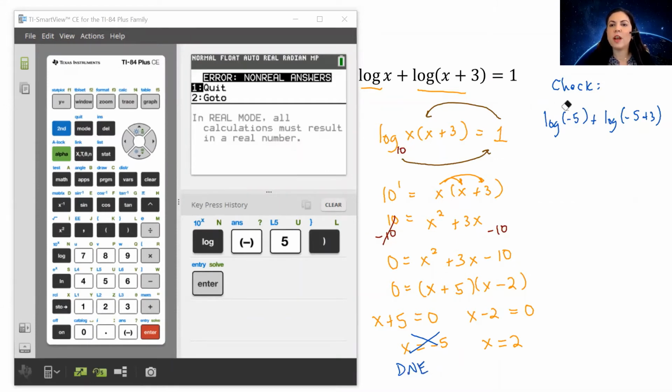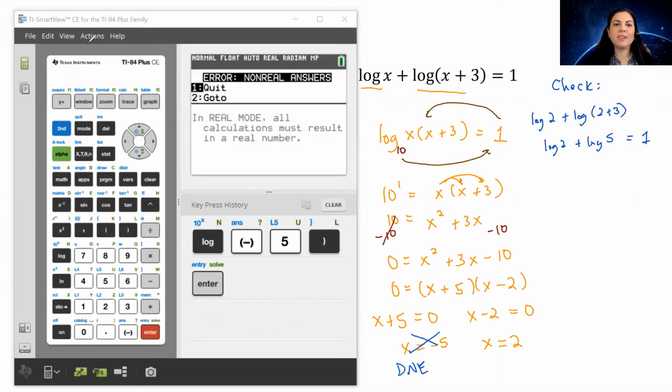So let me try plugging in positive 2 instead. If I plug in positive 2 here for x, we get log of 2 plus log of 2 plus 3. Well, that's log 2 plus log 5. And we need that to equal 1.